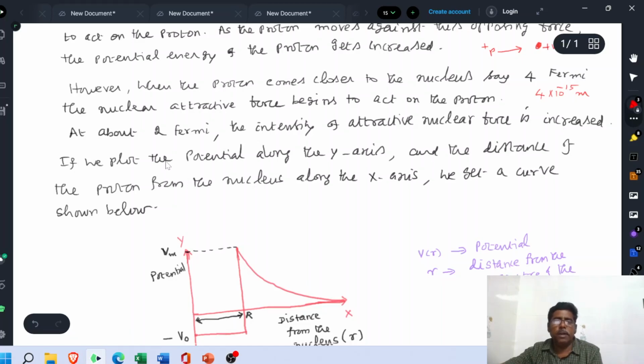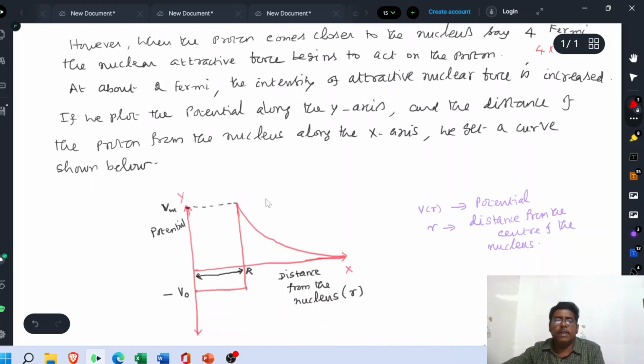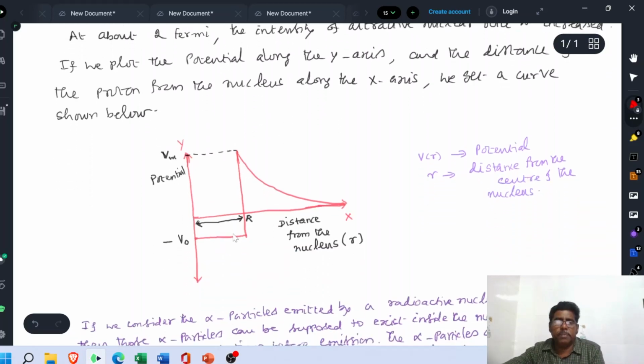If you plot the potential along the y-axis and the distance of the proton from the nucleus along the x-axis, we get a curve of this type. The x-axis is the distance of separation of the proton from the nucleus. The y-axis indicates the potential energy value. This curve represents the Coulombic repulsive potential, but this region represents the attractive square well potential.